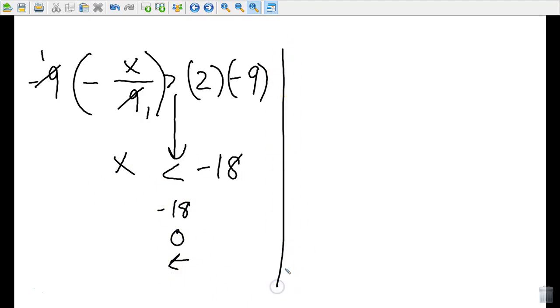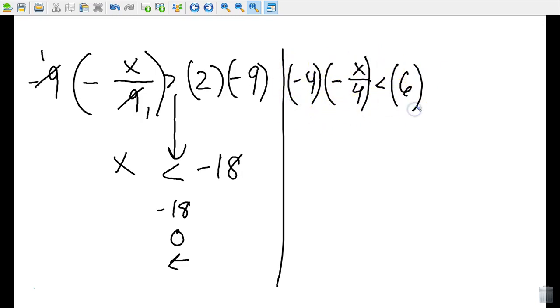Okay, I've got negative x divided by 4 is less than 6. So same thing. I've got a negative and I've got 4 on the bottom, so I multiply by negative 4. Multiply this side by negative 4.